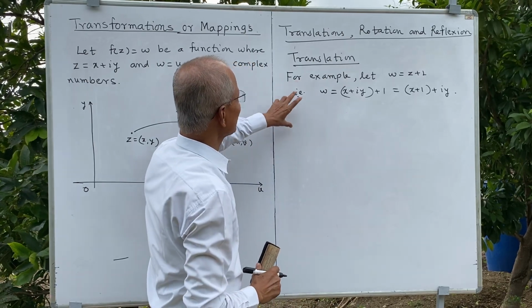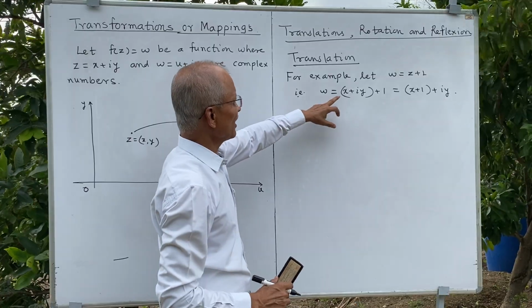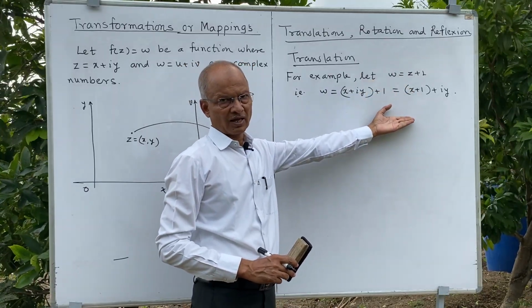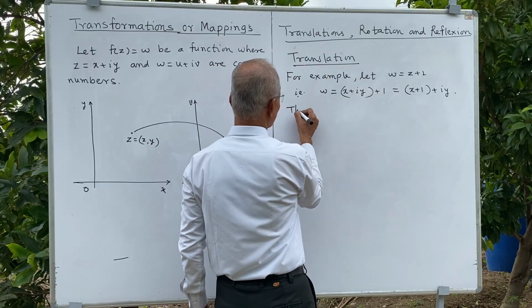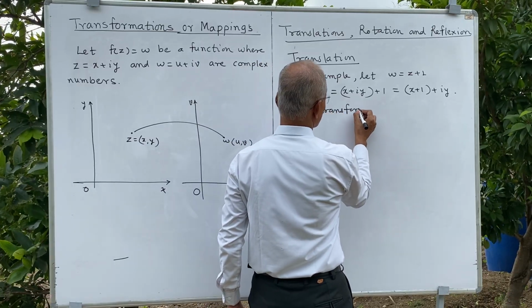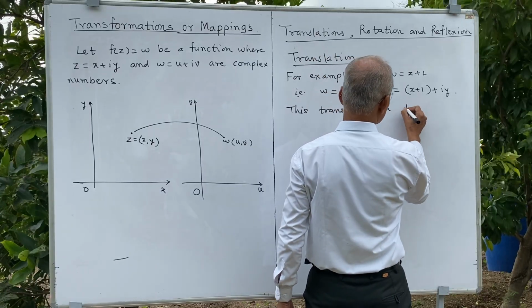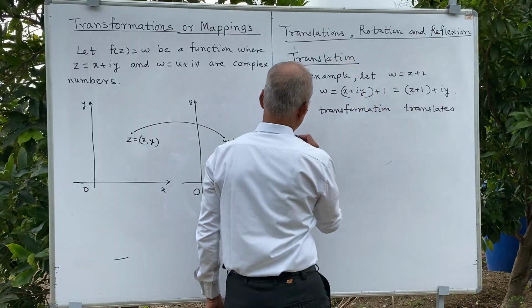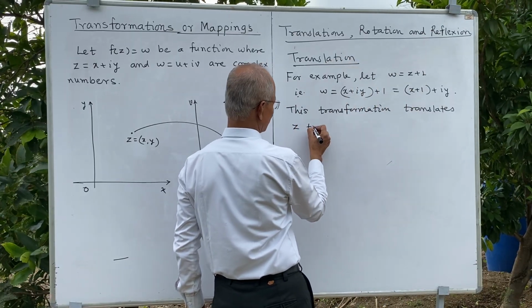This mapping transforms the point z one unit to the right, or shifts it one unit to the right, and therefore it is known as translation.